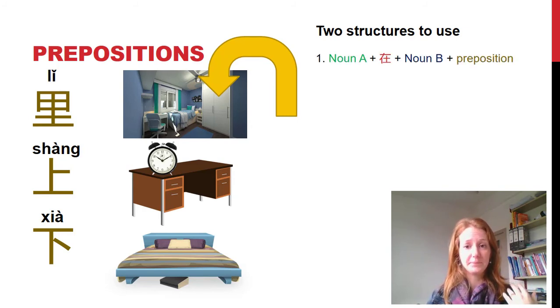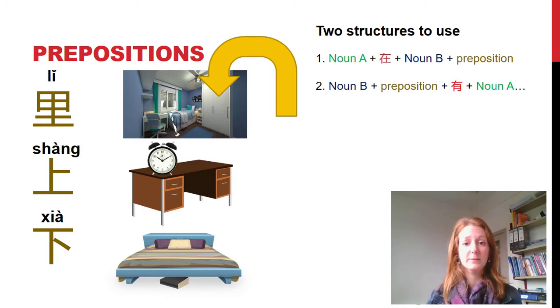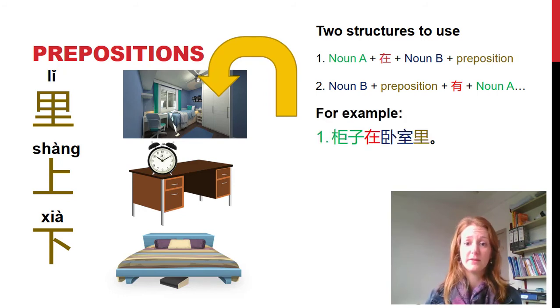So the first one is noun A plus 在 plus noun B plus preposition. The second one, noun B plus preposition plus 有 plus noun A. Now that sounds very confusing. What does it look like? For example, the first noun, 柜子, our wardrobe, 在 in, on or at, 卧室 bedroom, 里 inside. So literally this is the cupboard is inside the bedroom.